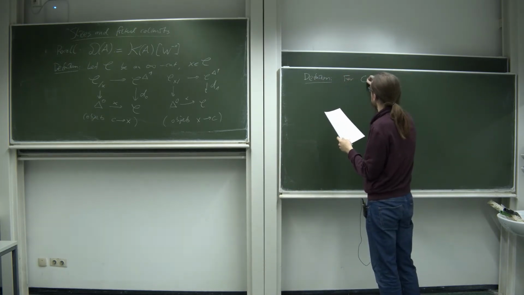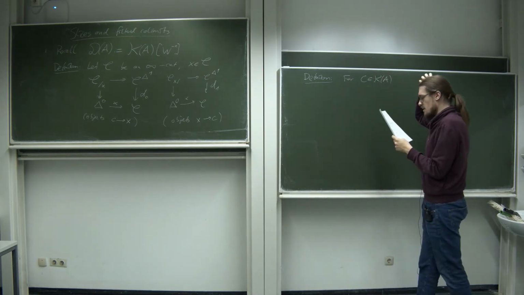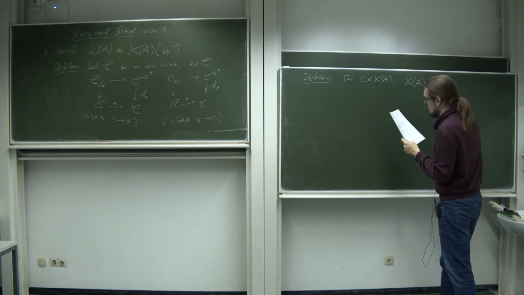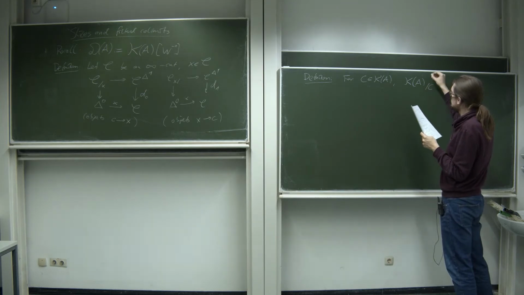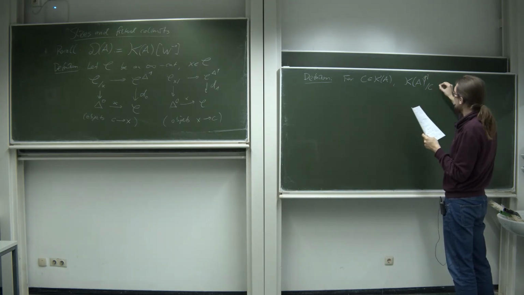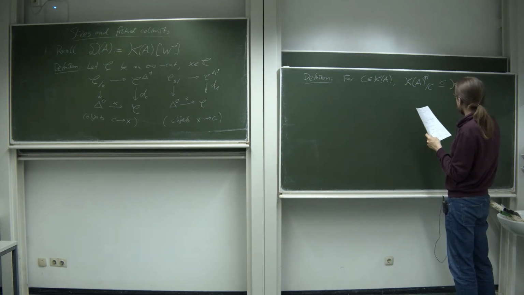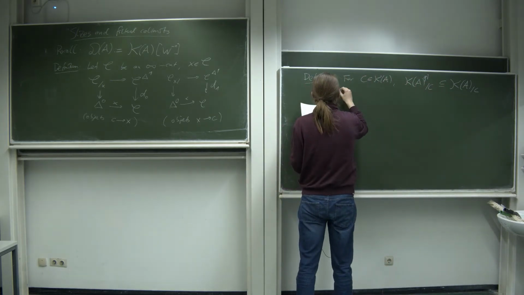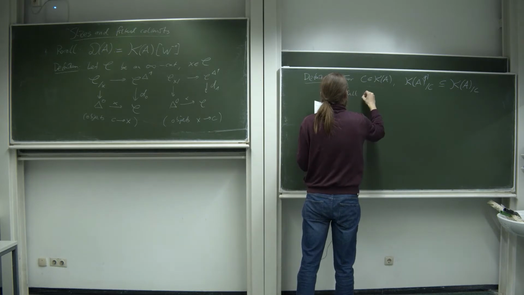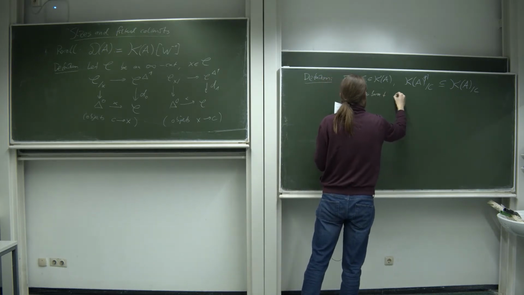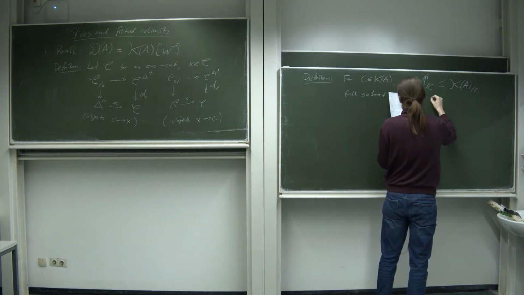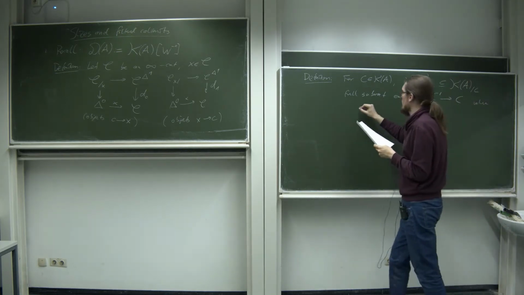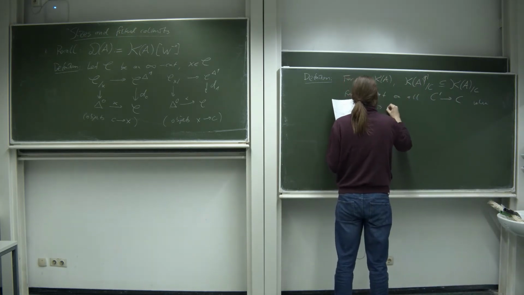For C in K of A, we write K of A slice over C, and then upper Qi for quasi-isomorphism, for the full subcategory of the slice category over C on all objects C prime to C where the map is a quasi-isomorphism.